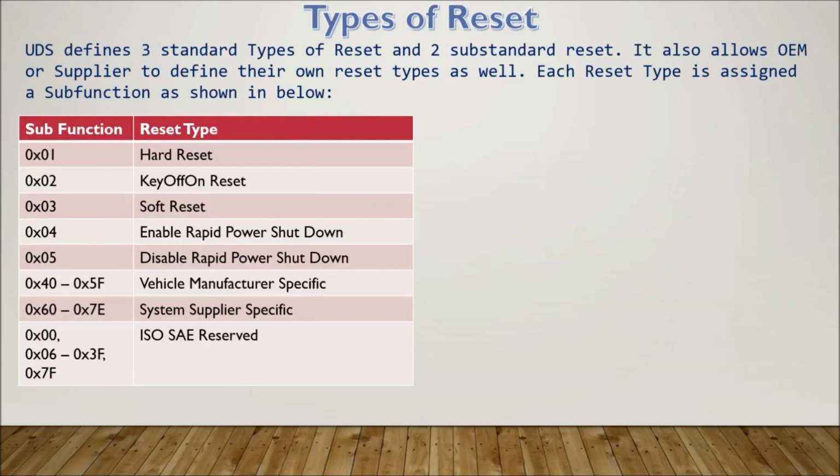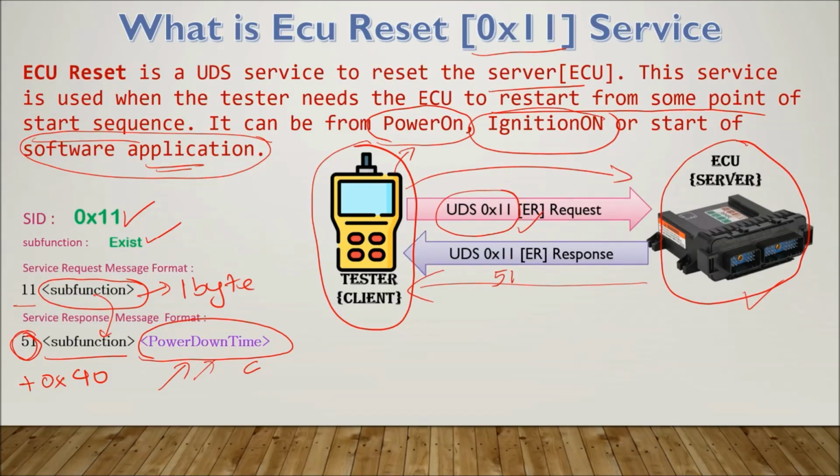Now I told you that the tester can request different kinds of resets. That is based on when the ECU power on happens, when ignition on happens, or the start of the software application. So these various points can be chosen for the ECU to restart from.